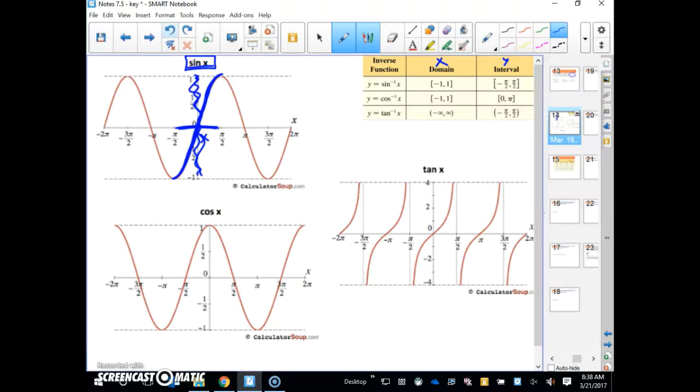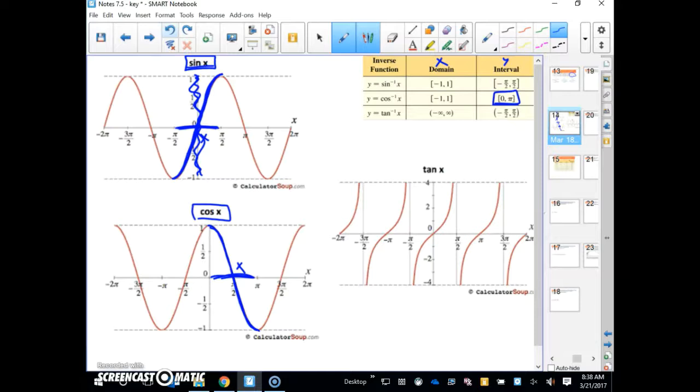If you look at the cosine graph, cosine is restricted here. If we restrict and just look at that, now that's 1 to 1. But notice it's going from 0 to pi. So if cosine's x values go from 0 to pi, then inverse cosine's y values go from 0 to pi.